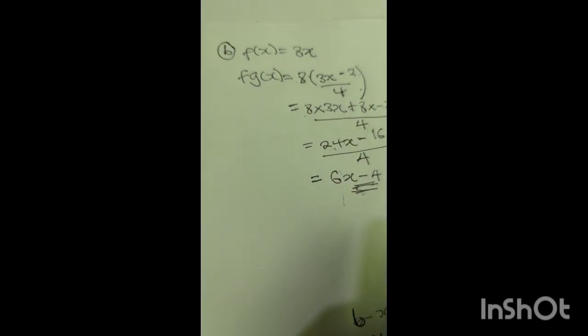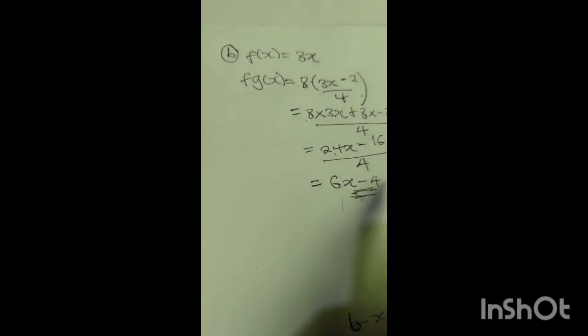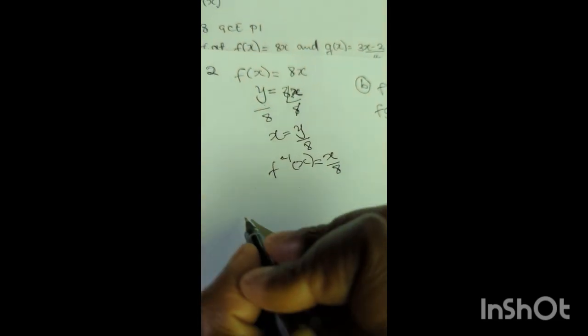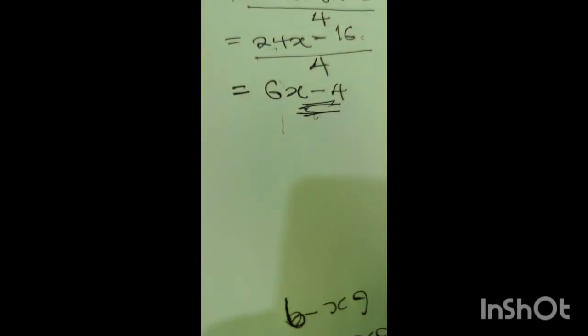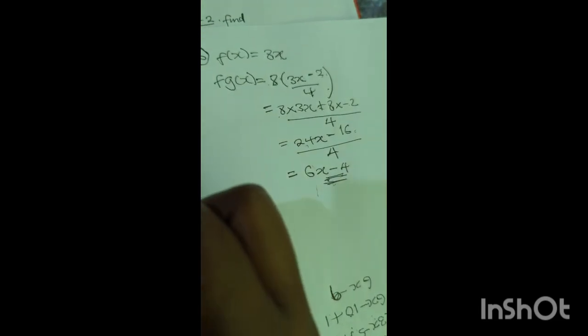So now, we've already found fg of x. Fg of x is 6x minus 4. Now they're asking you to equate this to 20. So, see, I'm not going to find fg of x again. I've already found it. It's here. I'm just going to say 6x minus 4 is equal to what? 20. There. This is fg of x.